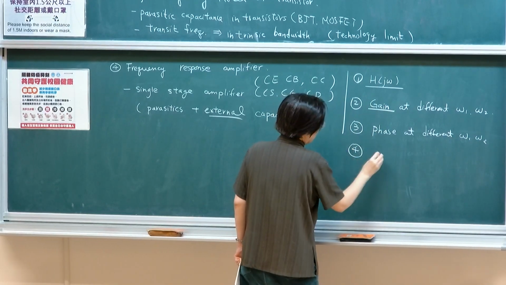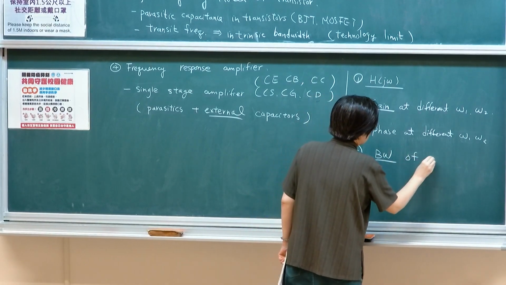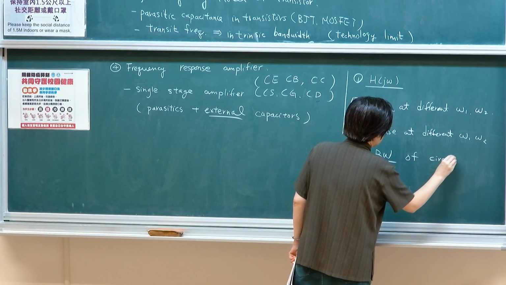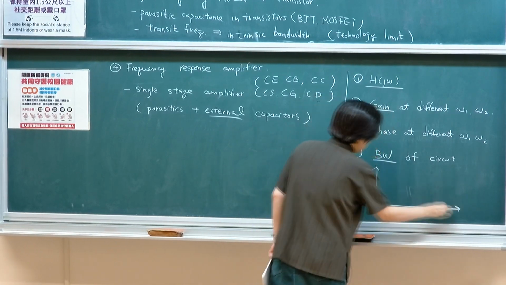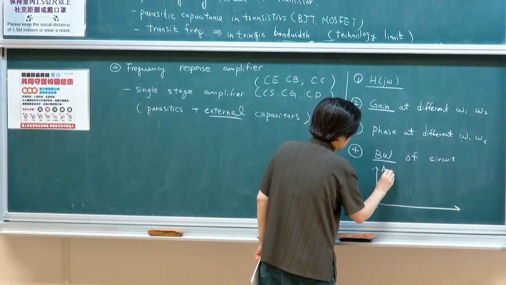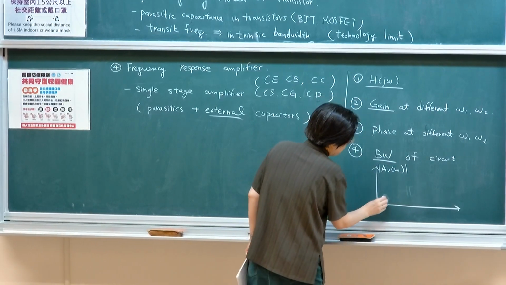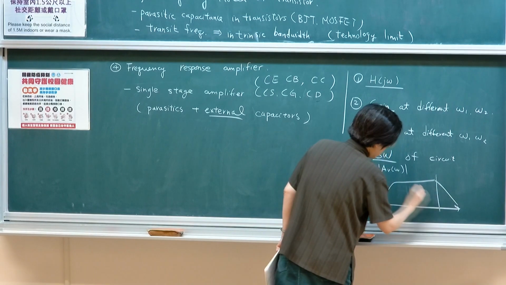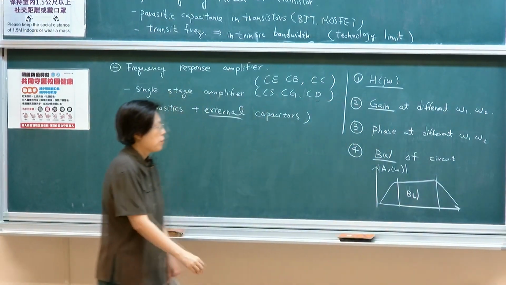And lastly, you want to get mostly the bandwidth of the circuit. To analyze the bandwidth of the circuit, meaning that you should be able to plot something like this. For example, this will be the voltage gain as a function of frequency, and then we should be able to get this bandwidth. This is the bandwidth of a circuit.